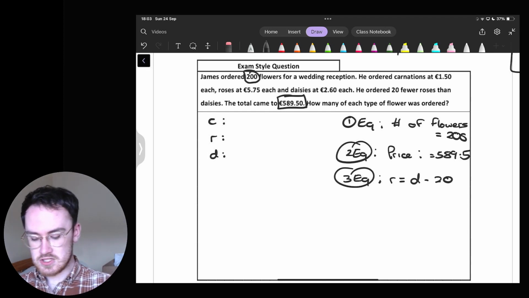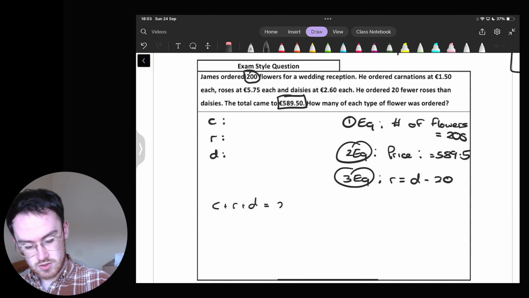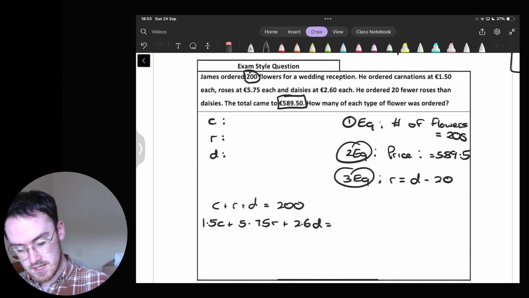So let's put our equations together. Carnations plus roses plus daisies is 200. The prices then, 1.50 carnations plus 5.75 roses plus 2.60 daisies is 589.50.